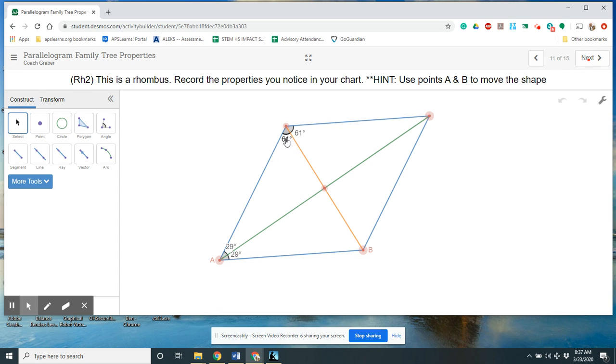You also notice that these angles are the same, these angles are the same, these two are the same, and these two up here would be the same. So if this is 61, this is 61, this is 61 down here, and this is 61 here. And all these angles here are 90, as we just mentioned, for a rhombus. And these angles will both be 29. So we have four triangles that are all the same.